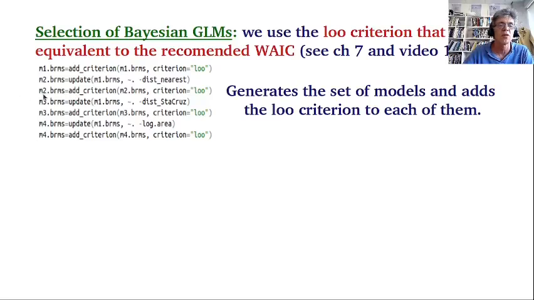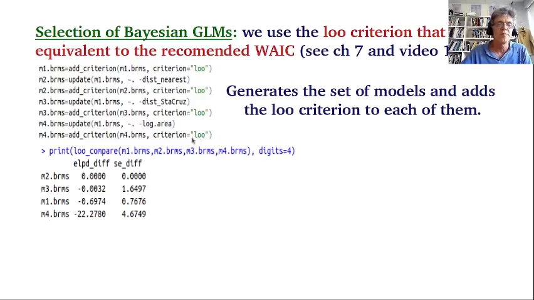The resulting model is called M2.brms, and we do likewise for the models in which we delete the distance to Santa Cruz and the log area. Now we therefore have four models, M1, M2, M3, and M4, each of which has the LOO criterion.